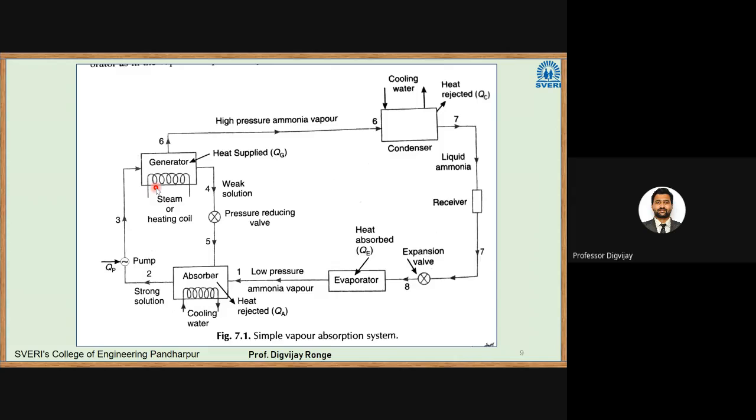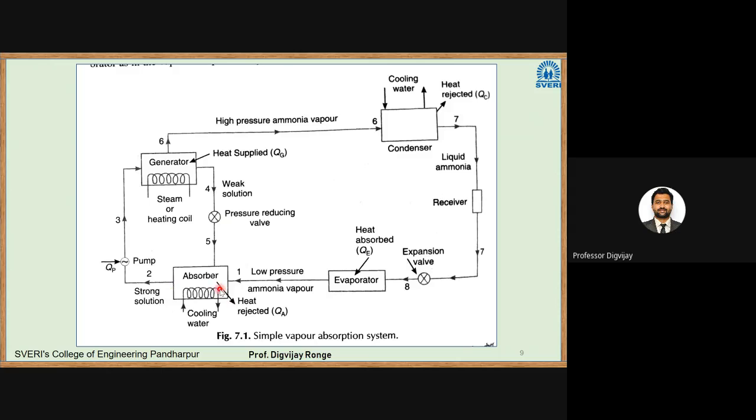Again, in the generator, what is happening? Ammonia is released and water is separated. The water coming outside is called a weak solution. Why is it called a weak solution? Because it has a very low concentration or percentage of ammonia. It is passed through the pressure reducing valve. Why? Because the generator is at a higher pressure because of the pump.